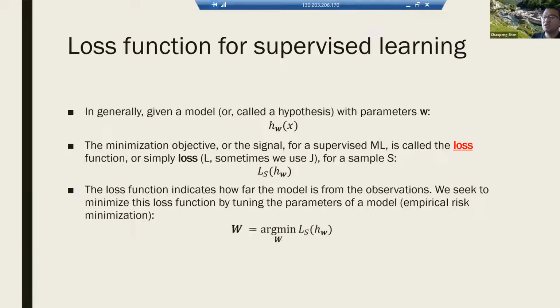We seek to minimize this loss function by tuning the parameters in the model, so in this case, that would be the weights on this model H for the sample data S. And when you solve the argmin, you get the optimum W out of this argmin operator. For brevity, a lot of times we ignore the sample. We call it L instead of L_S.